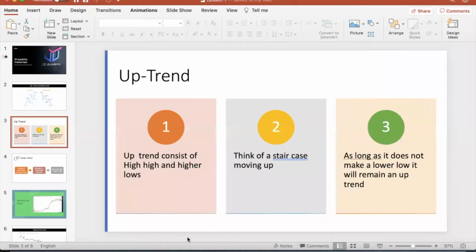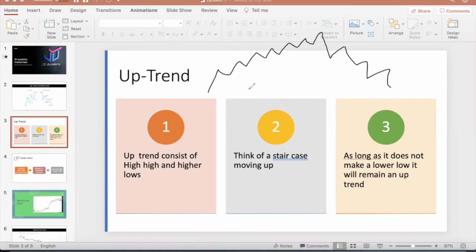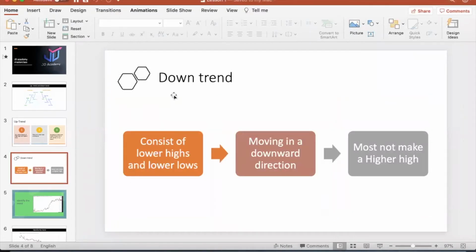In order for the trend to continue going up, that higher high has to continue until structure is broken, which we'll get into. So in order for a market to continue going higher and higher, you have to get the higher highs and higher lows. The same is said, but in reverse, for the downtrend. In order for the market to continue going lower and lower, you have to have lower highs and lower lows. So it's like you're walking down the staircase.